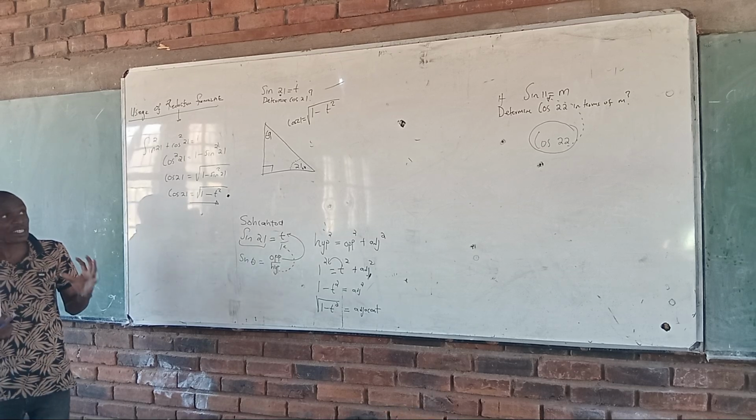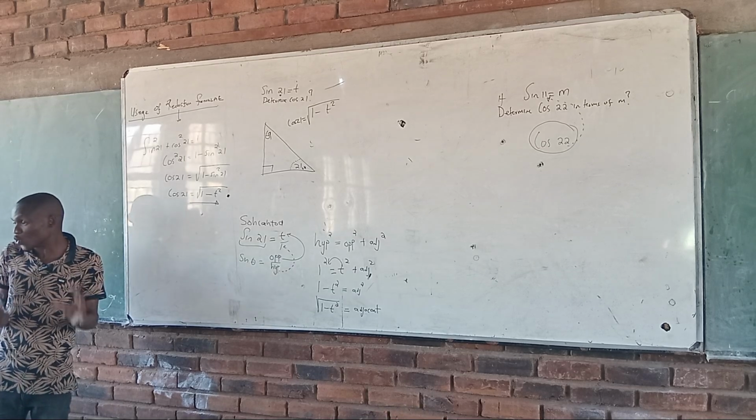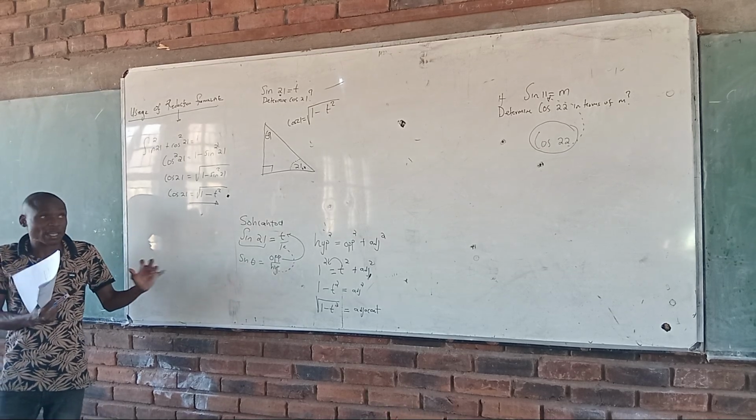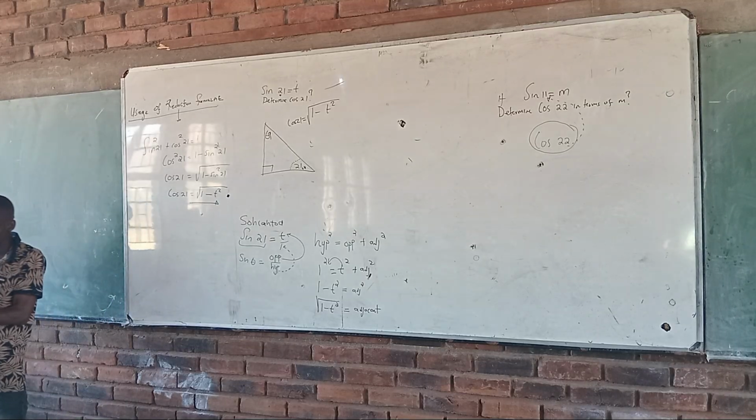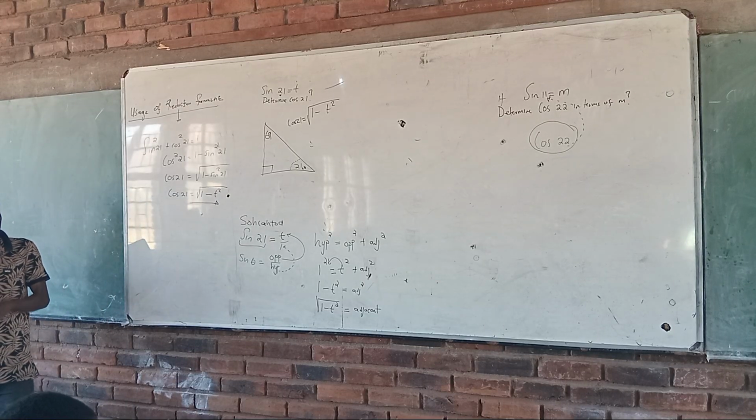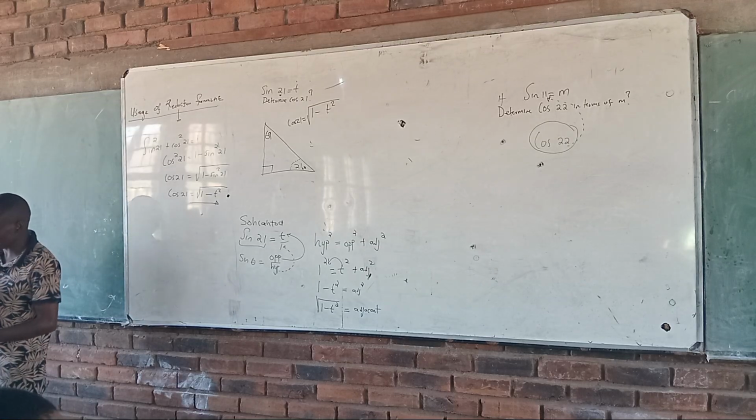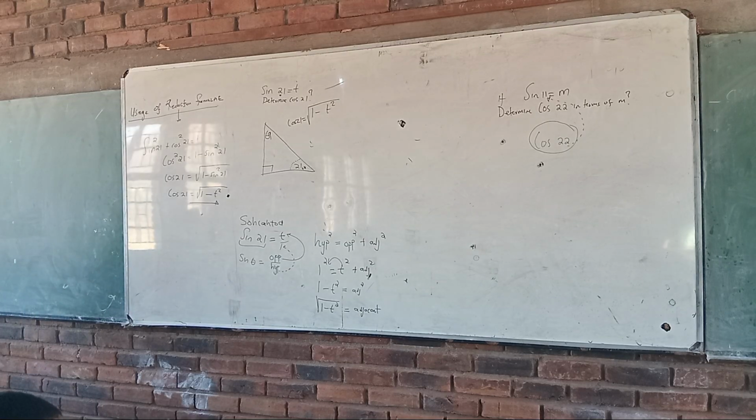So between these two, make sure that you know the other one very well, and on the other one, you go and collect marks there and there. So trigonometry, I believe, it's not that complex. So it's why I want you guys to collect marks.